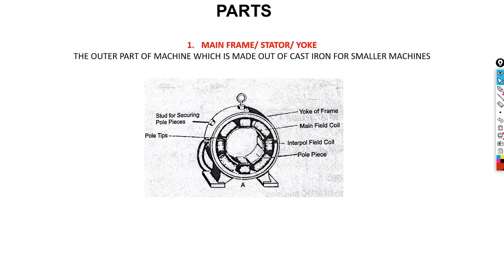The first part we have is the mainframe, also called the stator or yoke. By definition, it is the outer part of a DC machine, made out of cast iron for smaller machines. So the outer part of our generator is the mainframe.